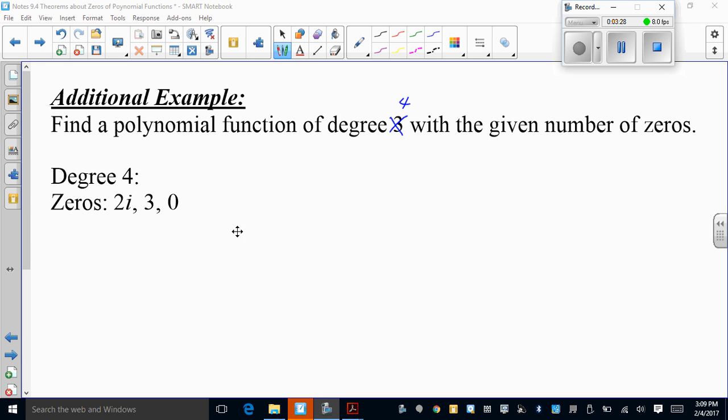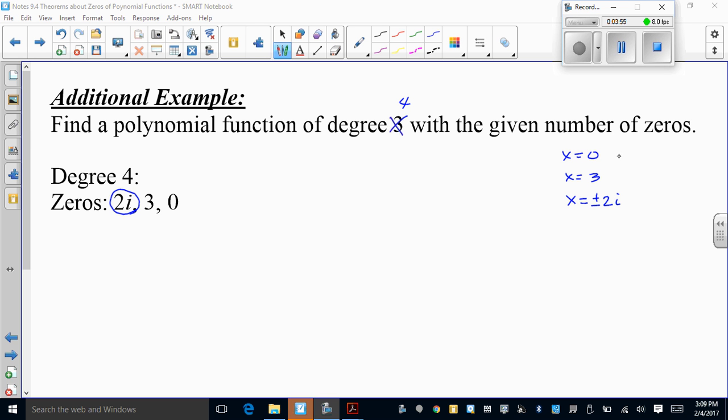I have to try and fix that in the notes before I type out the notes. A degree 4, zeros are 2i, 3, and 0. This guy here, remember, he comes in pairs. That's where the fourth one's going to come from. So if we were to set them up: x equals 0, x equals 3, and x equals plus or minus 2i.